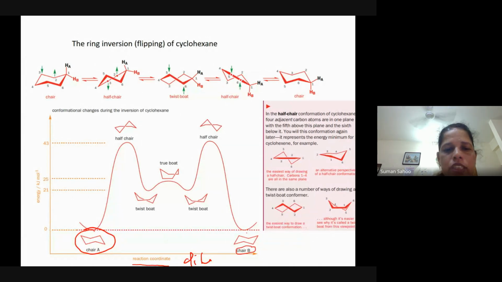This is known as your chair flip, flipping one conformation to the other. When you go from one conformation to the other, the chair is flipped to half chair, then to twist boat, to true boat, and then twist boat to half chair, again to your chair conformation. So the most stable conformation of your cyclohexane is your chair conformation.